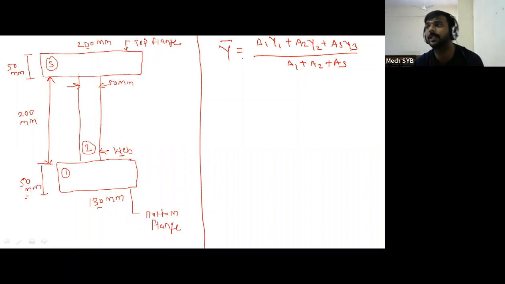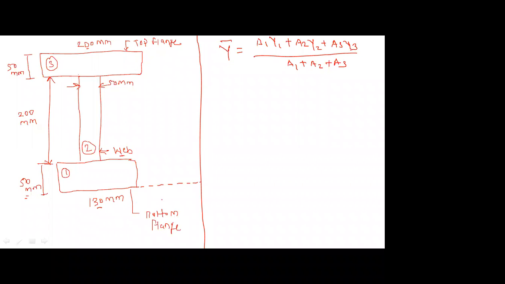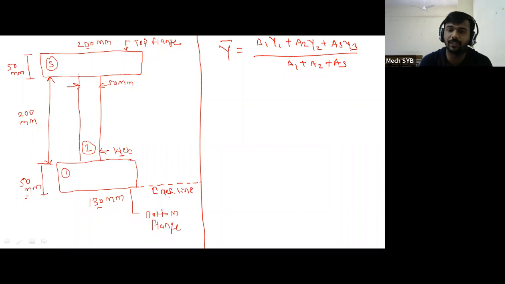So what is meant by y1, y2 and y3? What is y1? The centroidal distance of section 1, meaning its CG. So if we want the CG of section 1, it is the center point of section 1. From the reference line to the CG, this will be your y1 distance.